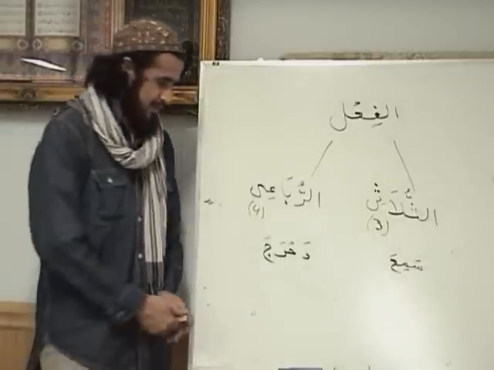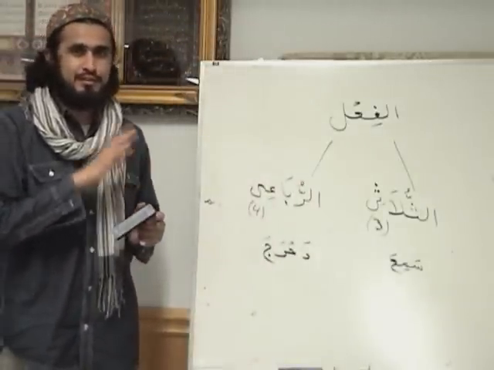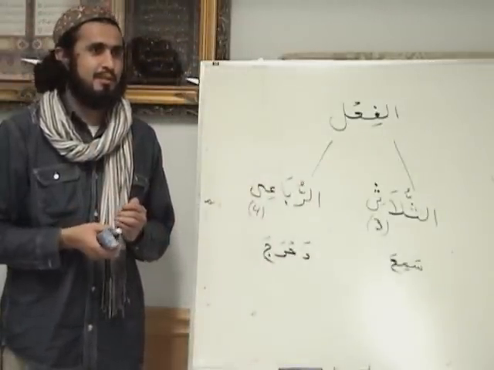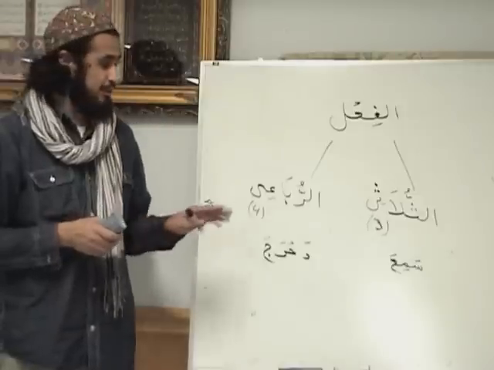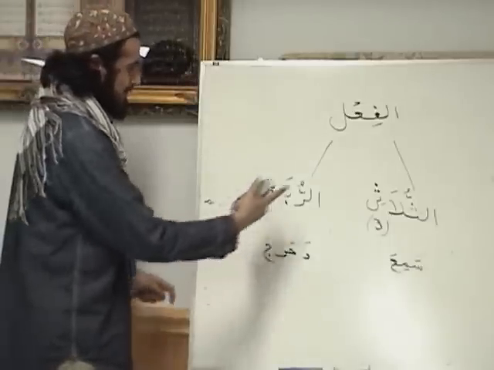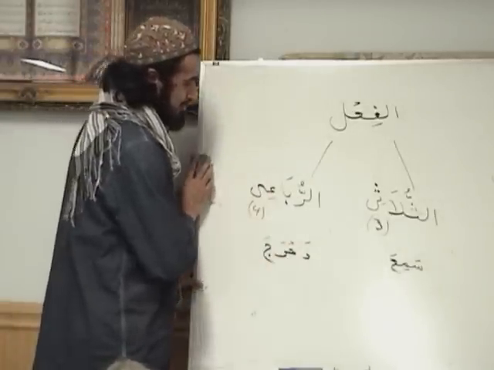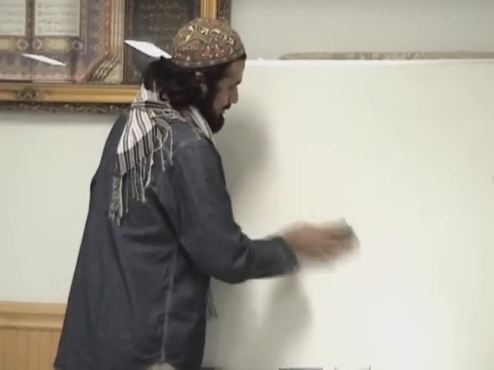Okay, once we have this, any questions so far? If you're not sure about anything, make sure you ask before we move on. So these are the root words, the original root. As we said in Arabic, we always know it. This is how we know that these are the original letters that are part of the word.